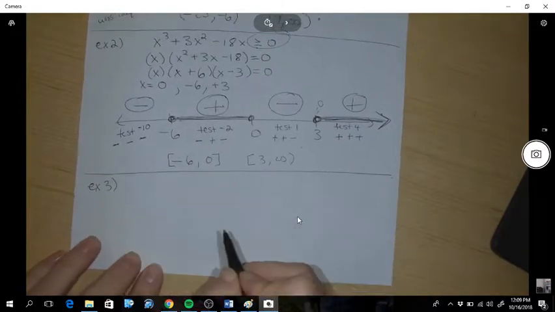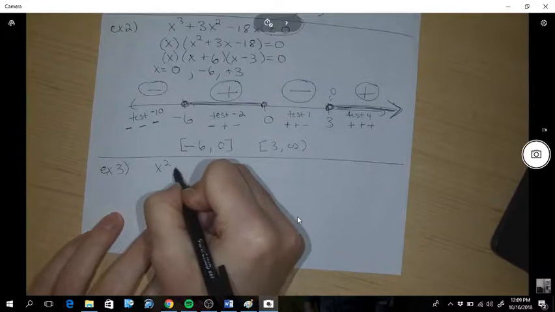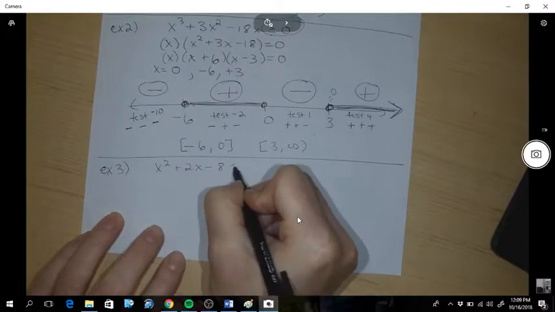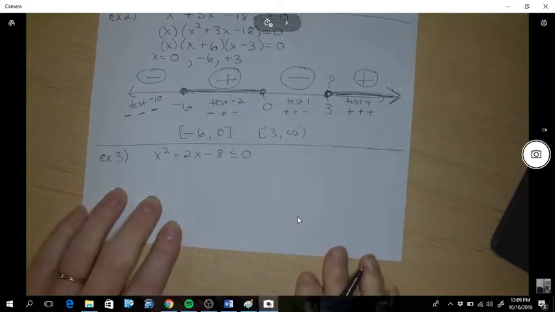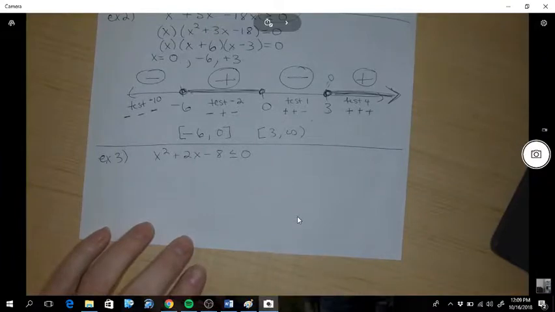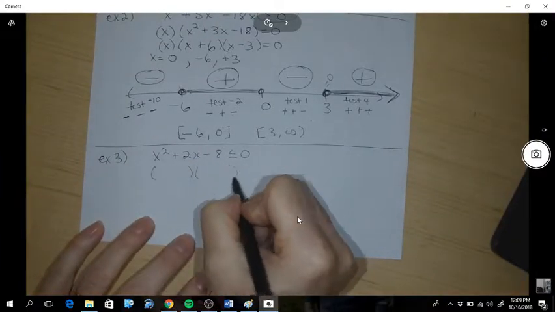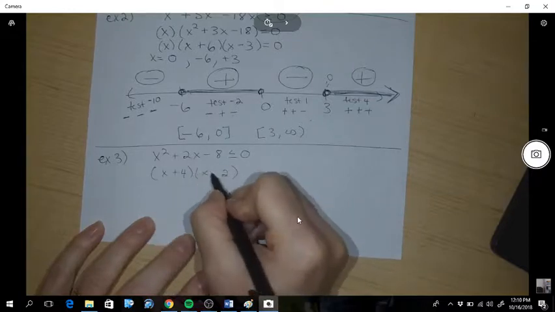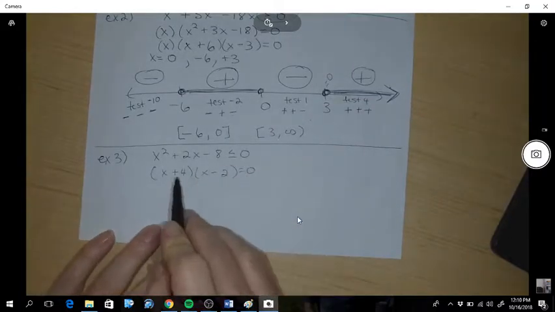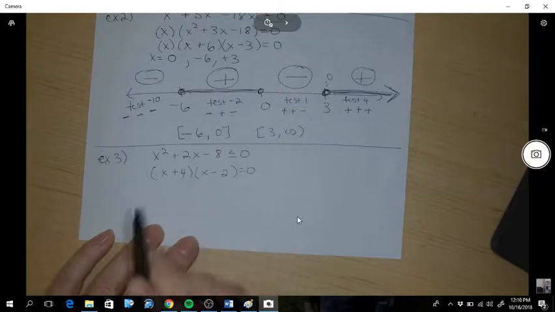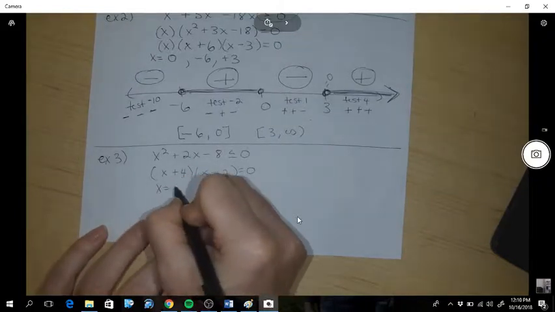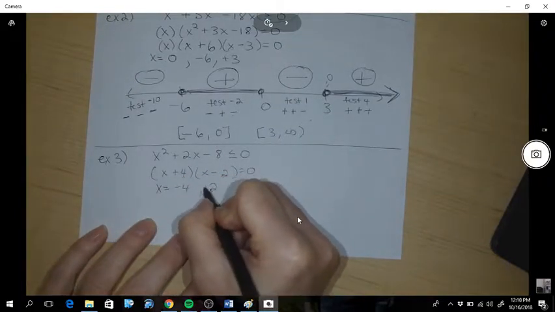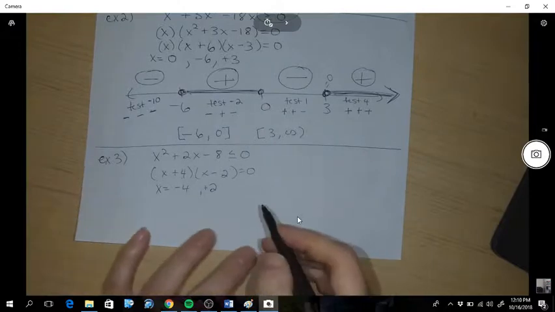Okay, last one. X squared plus 2x minus 8 is less than or equal to 0. Okay, so 2 brackets, factor. 4 and 2, I'm going to use, and I want a positive 4 to end up with a positive 2. So my x solutions are negative 4 and positive 2.